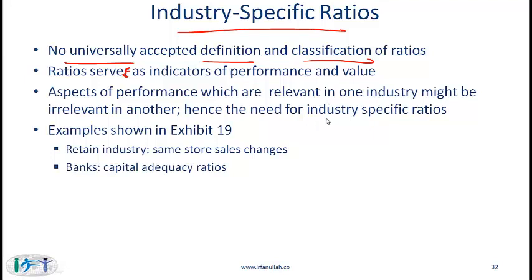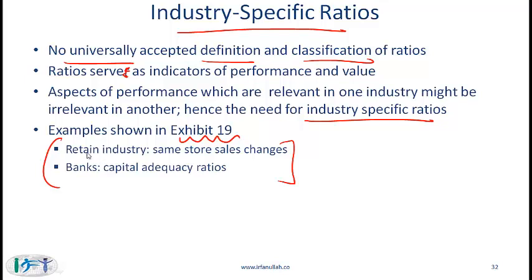Hence, you will often notice the use of industry-specific ratios. From an exam perspective, I don't think you need to memorize the industry-specific ratios, but if you look at Exhibit 19 in the curriculum, it gives you a sense for the types of ratios that are used in different industries.